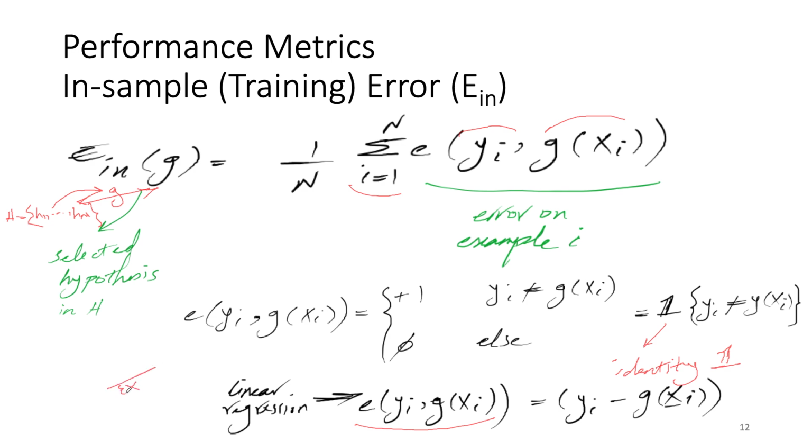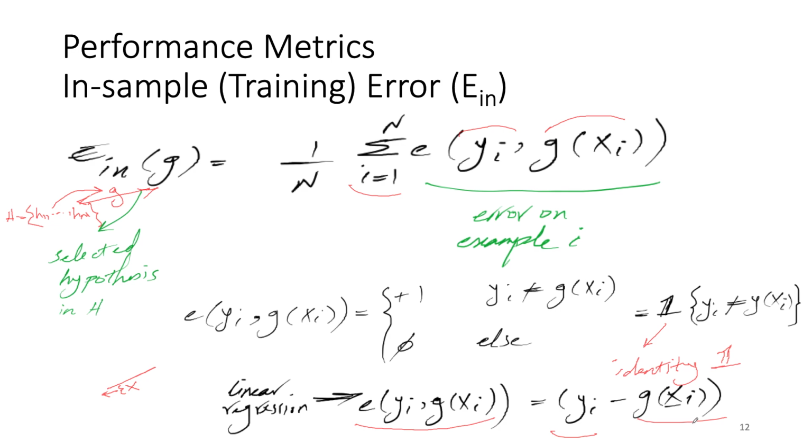So you have this distance to calculate, right? True value. So this gives you a scalar value maybe, or in a higher dimension, it's going to be a vector. So that's our in-sample or training error.